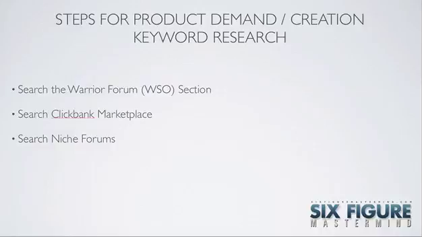So you could go into your Warrior Pro account and see which products are actually selling and doing very well. Just have your finger on the pulse and really keep your eyes and ears open to what people are talking about. So the keyword research goes both ways. You have your research for your SEO, your optimization for search engines, and then you have your keyword research that is really meant for product creation.